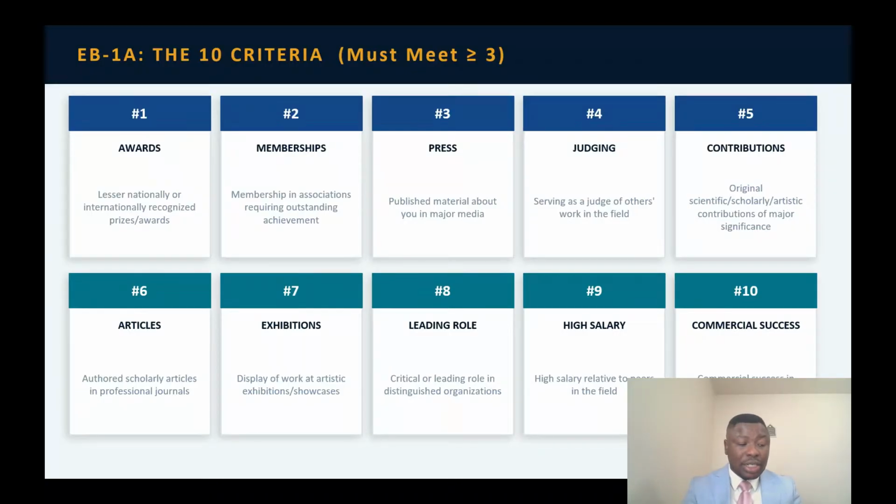Now, the third criterion is press or published material about you in major media, that is publications.